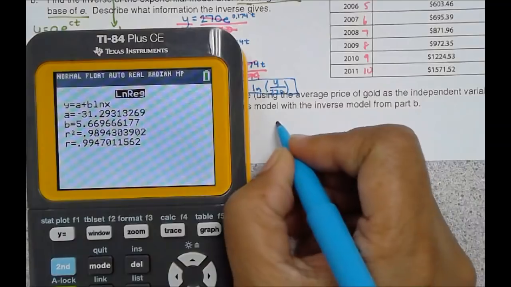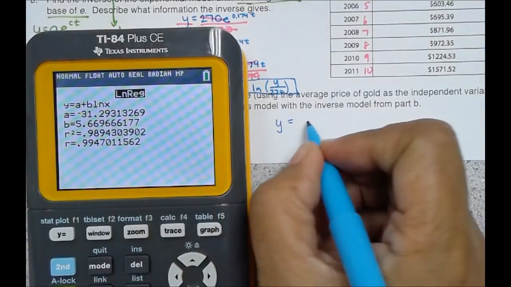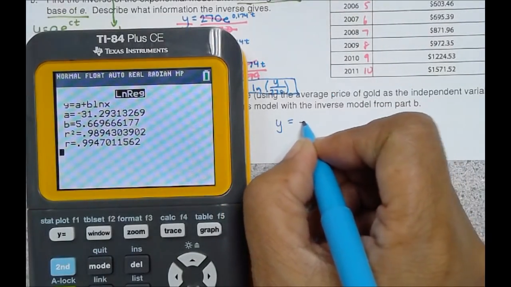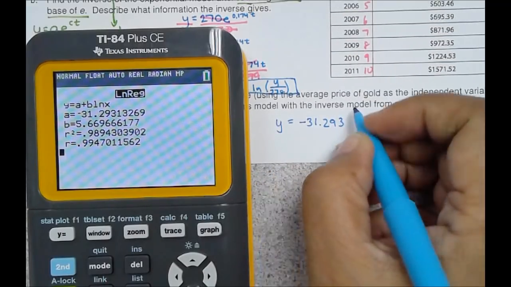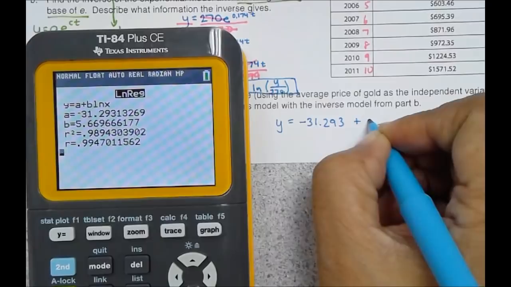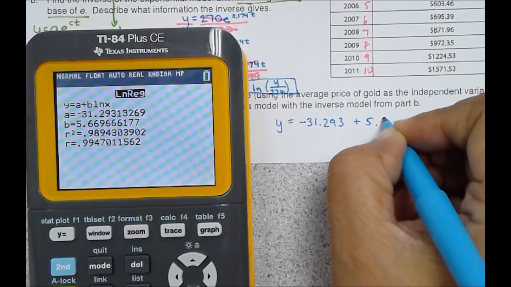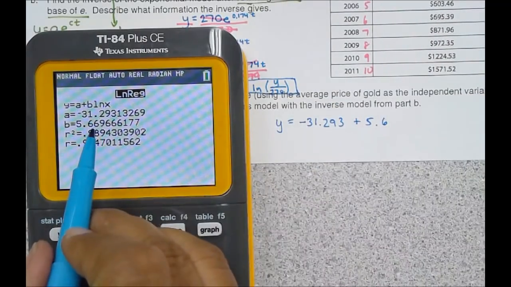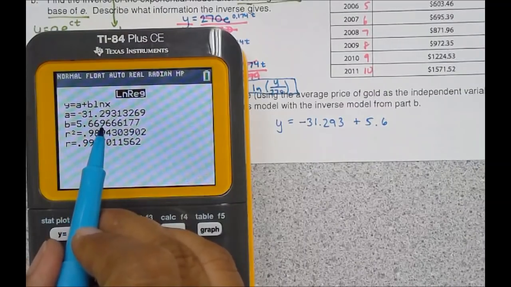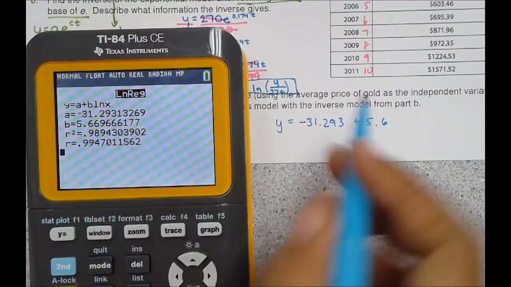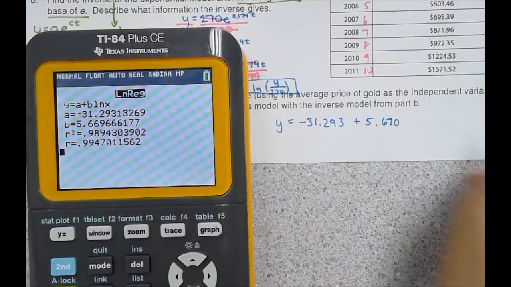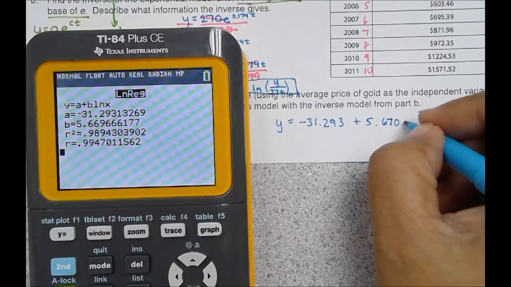It's y equals negative 31.293 plus 5.6. And since usually I would do 3 decimal places, past the 9 is a 6. So that moves the 9 to be a 0 and the 6 to be a 7. And then ln x.